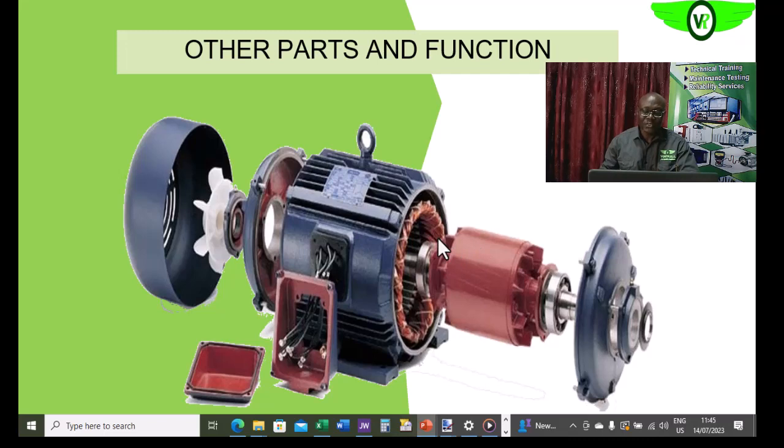But aside these two, if you look, you will see the frame. Okay, and if you look at the frame, you will see some fin-like structures that look like fins on the body of the frame.